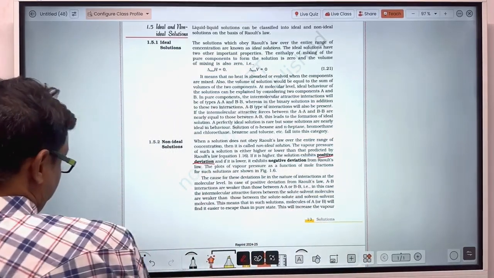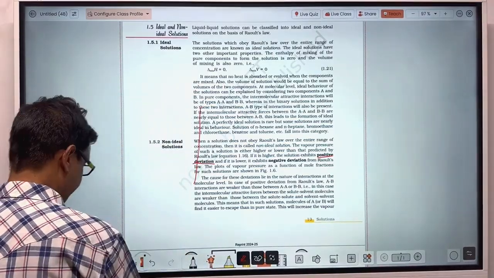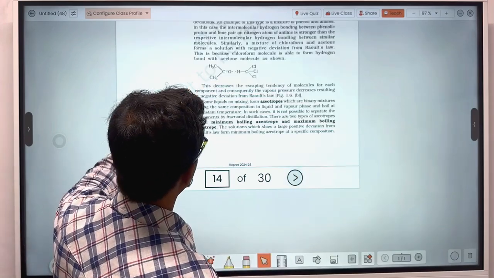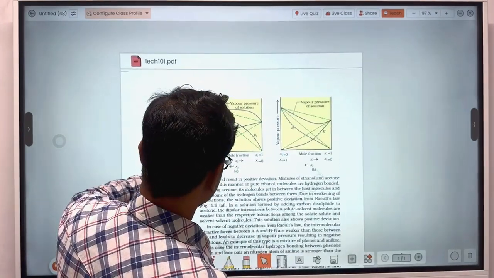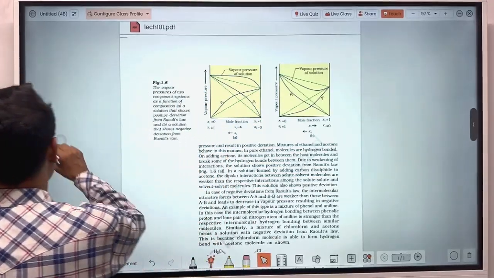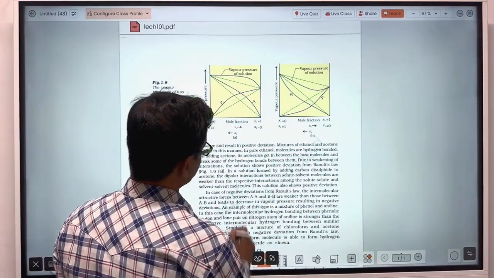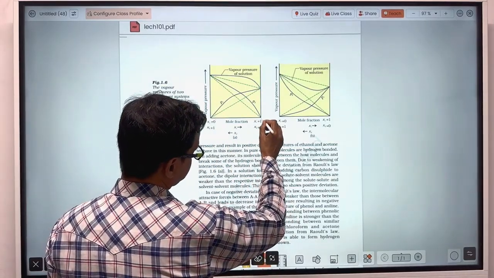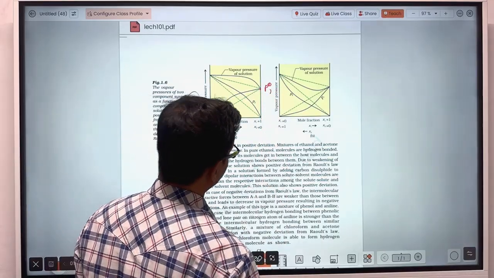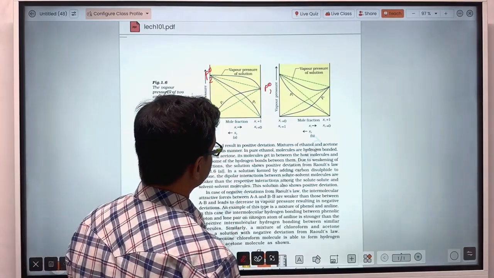Let's see an example with this graph. Here chi1 is 0 and chi2 is 1. At this end, chi1 is 1 and chi2 is 0, so this will be p degree 1. And here chi2 is 1, so here p degree 2 is this one.